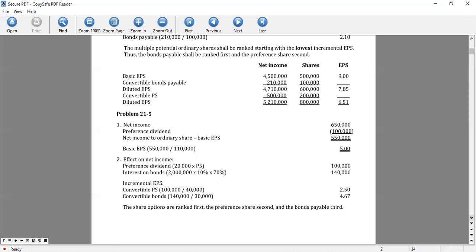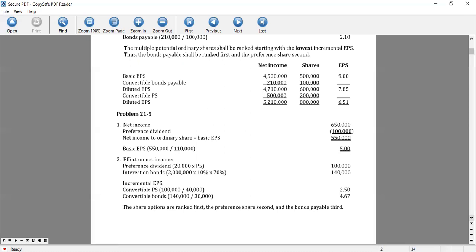Now we compute the basic EPS: 550,000 net income divided by 110,000 being the denominator. So we have the basic earnings per share equal to 5.